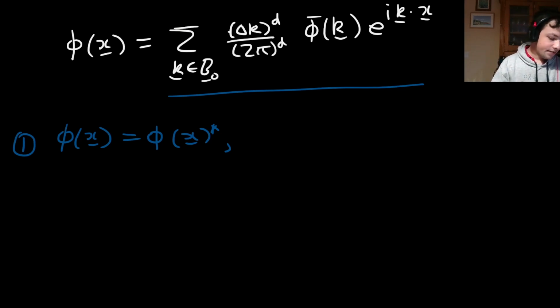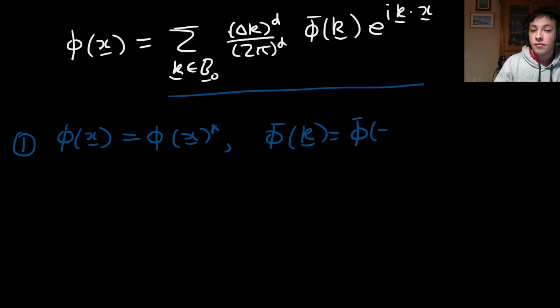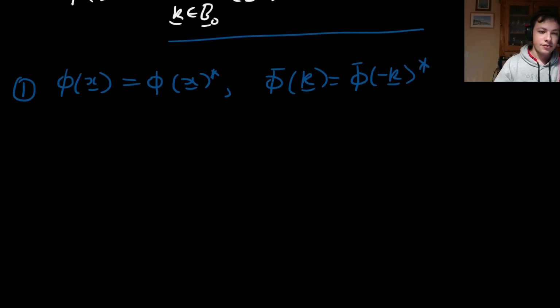And so what we need is that phi bar k is phi bar minus k star. So we get almost like odd and even functions where we introduce an extra minus sign. Don't like this shade of blue, so we'll change to this one.